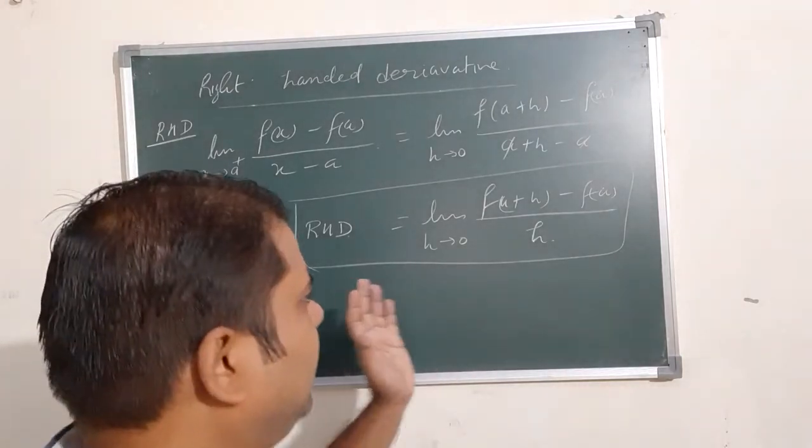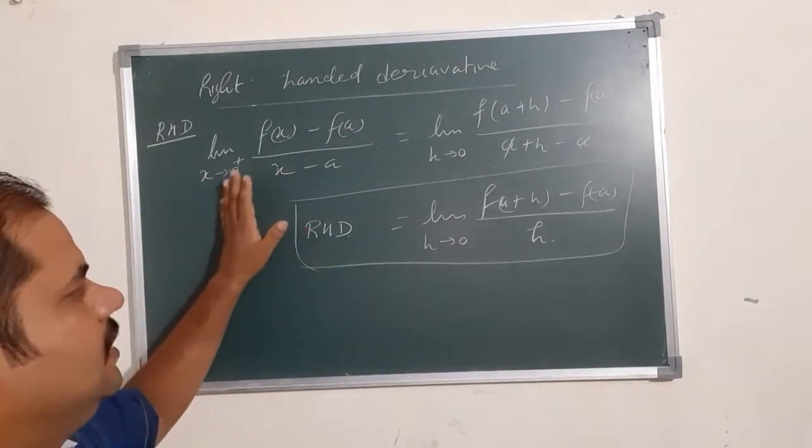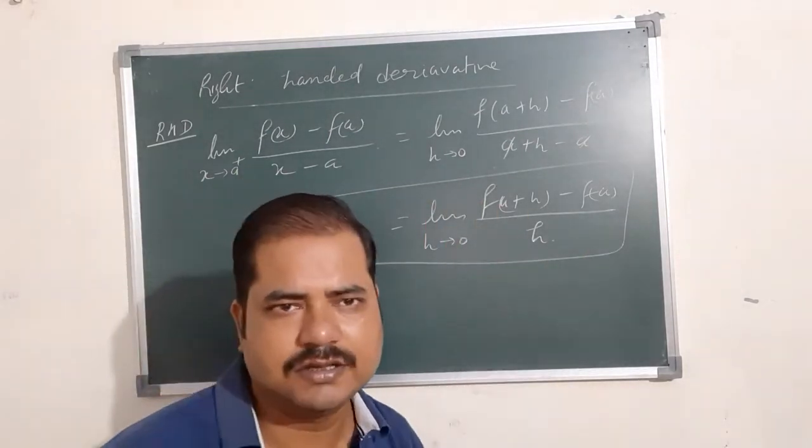We can say the derivative of the function exists only if the limit of this function exists and this is equal, LHD is equal to RHD.